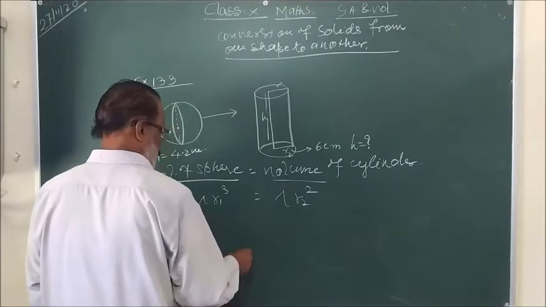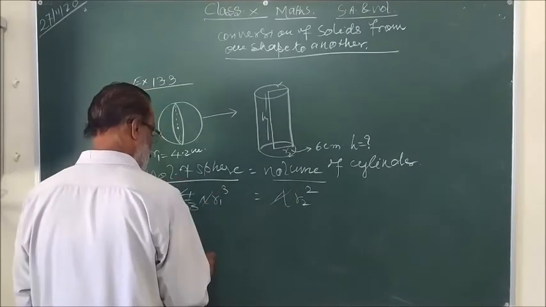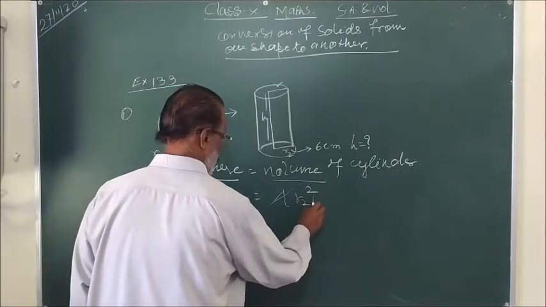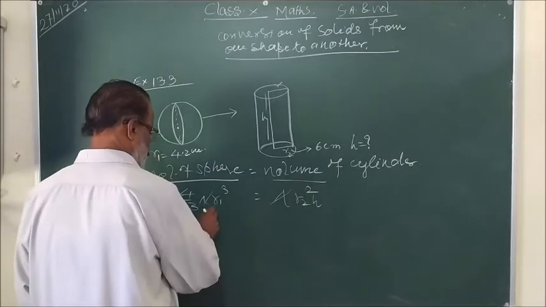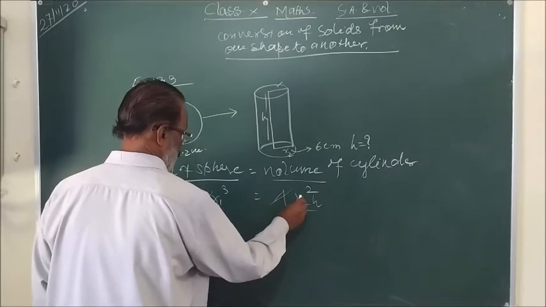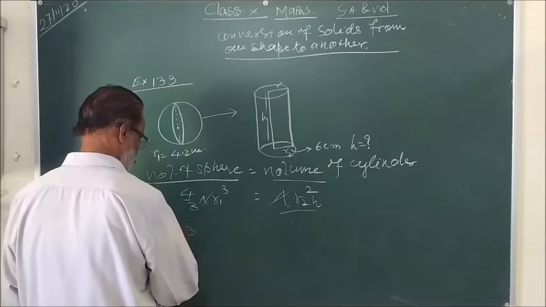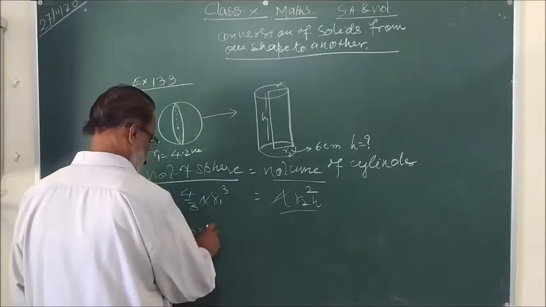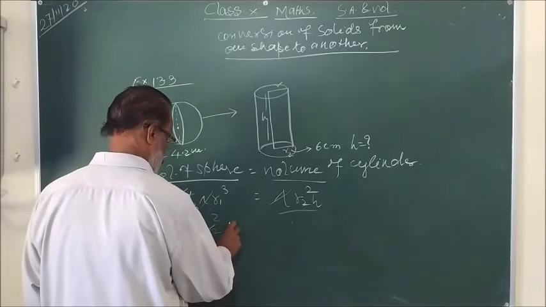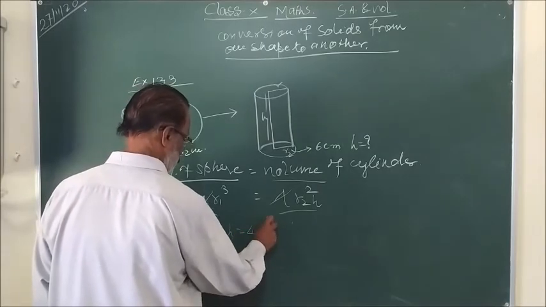Now you have to simplify. Pi will be cancelled. We can put the values later. Cross multiplying, pi cancels, and we get 3 into r2 square into h is equal to 4 r1 cube.